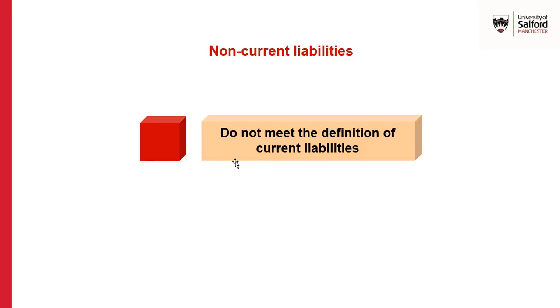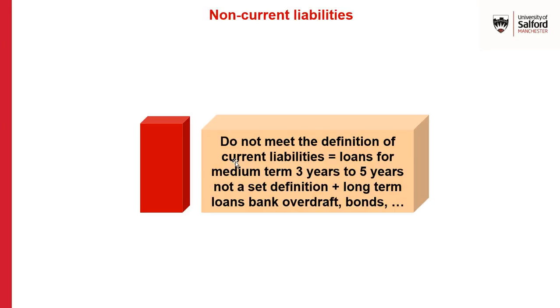Non-current liabilities, just everything else, the borrowings and theoretically the shareholding as well. Usually it refers to borrowings. Loans for medium 3 to 5 years, not a set definition, plus long-term bank loans and things like that, and bonds. So those are the non-current liabilities.